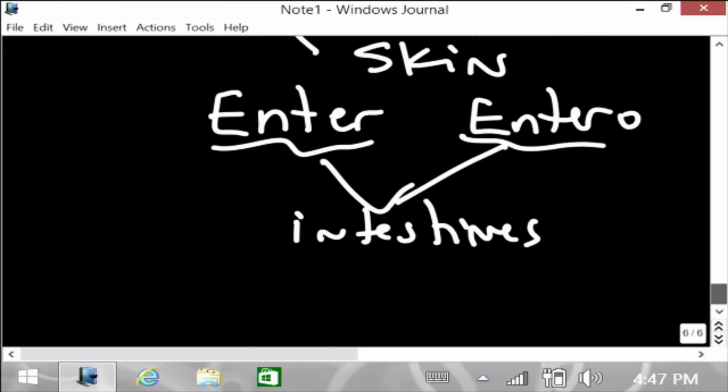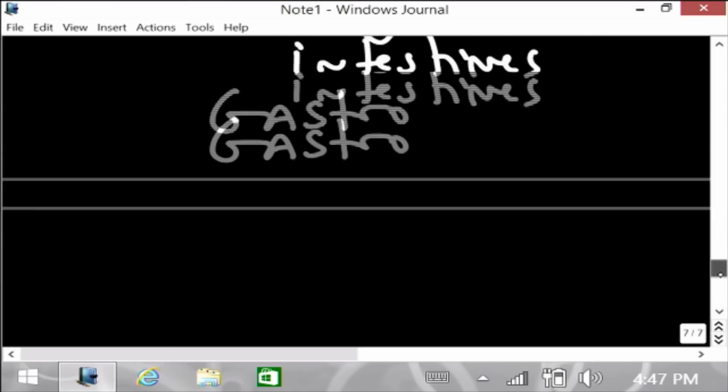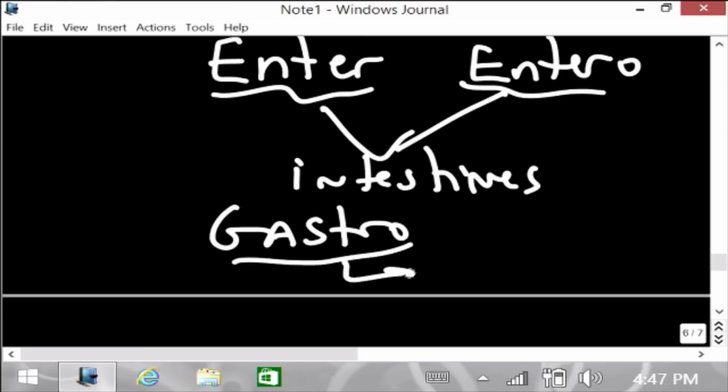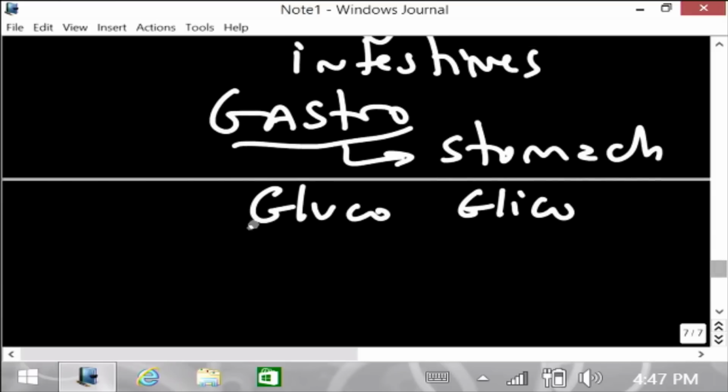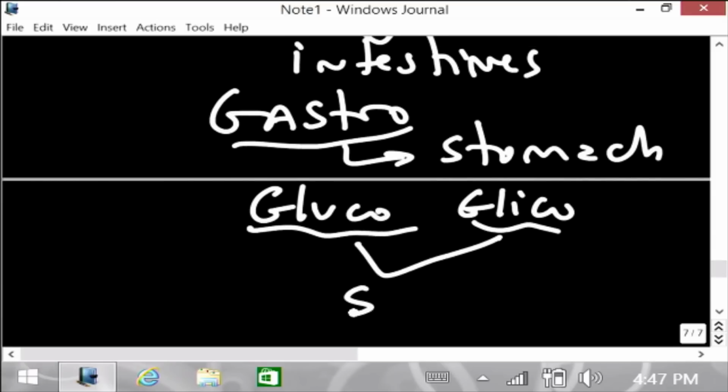Gastro. Gastro refers to what? The stomach. We talk about this one, gluco or glico. Both of them refer to sweet, something that is sweet, sugar.